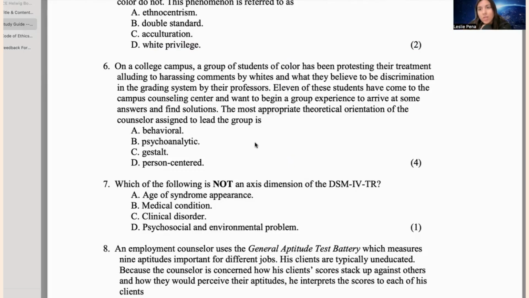Then we have Gestalt, which deals with unresolved business, which you could utilize if you're going about that angle, but because we're talking about a specific behavior that's been happening, this is what we see, this is what we want to treat, it would be a lot more structured. And out of all of these, the most structured one is behavioral. So that is the answer.